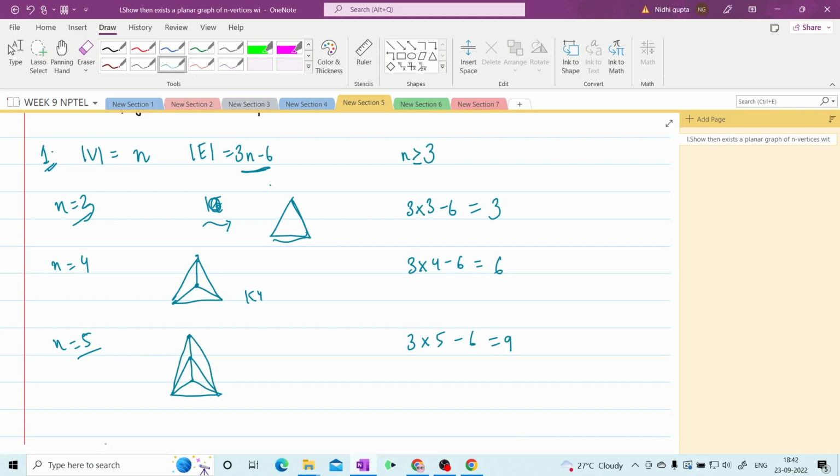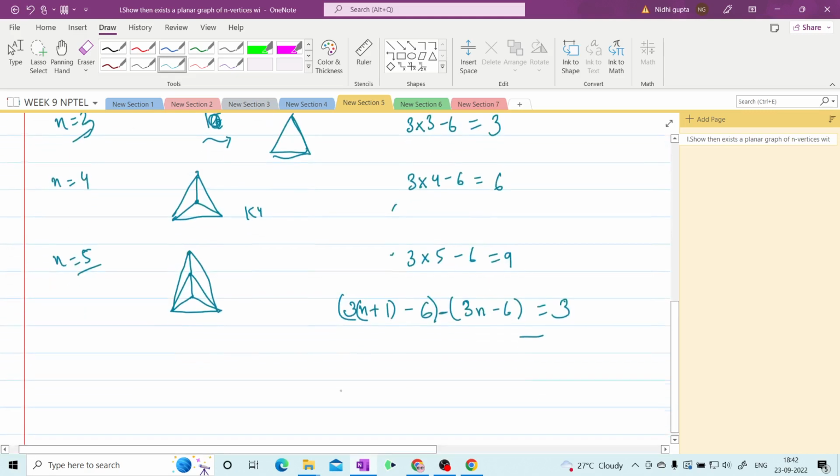Similarly, in the corresponding cases, we have to add 3 edges and one vertex. So in general, for n plus 1 we need a graph of this many edges, and for n we have this many edges. So the difference in the number of edges is 3.